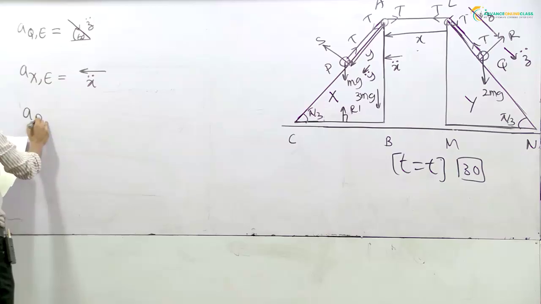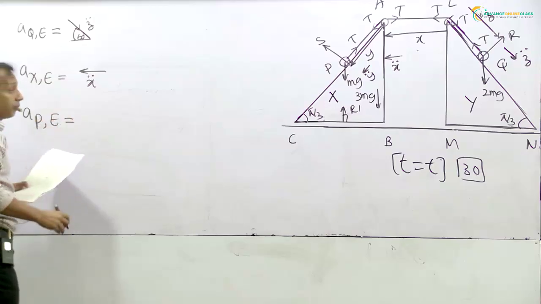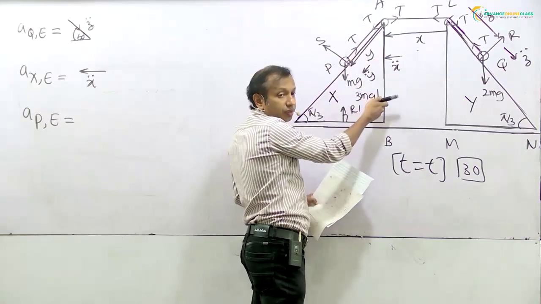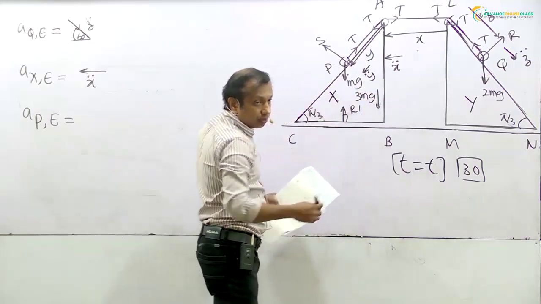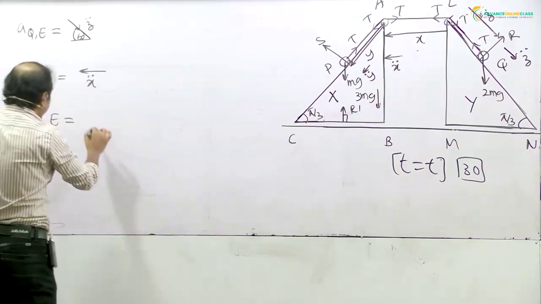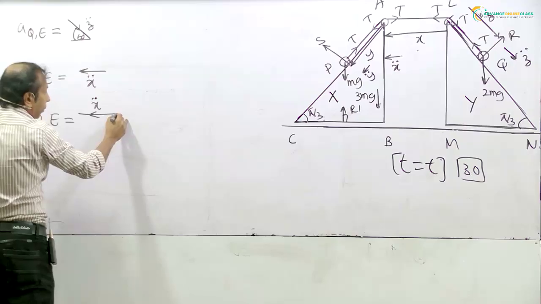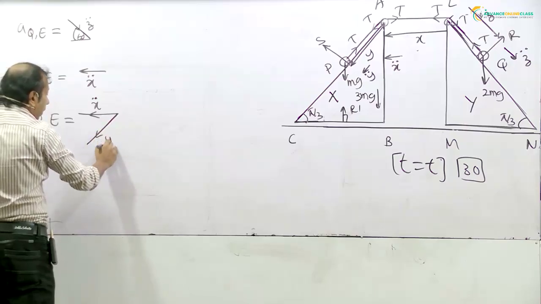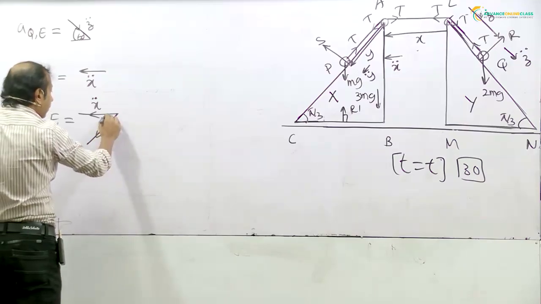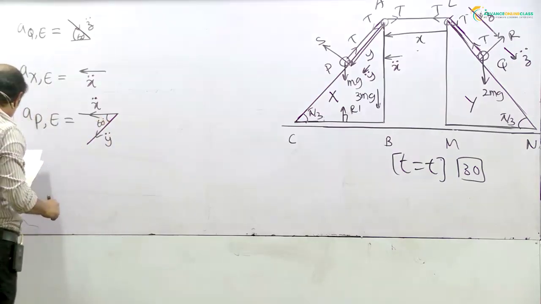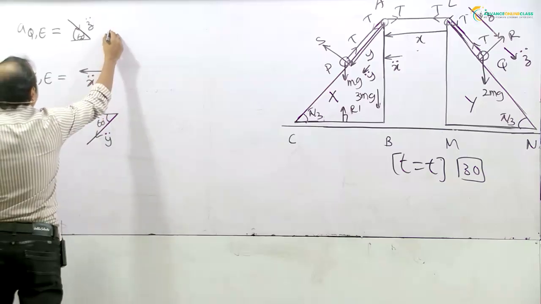Acceleration of p relative to Earth. Tell me. It moves this way y double dot, which moves leftward x double dot. Yes, this way. X double dot. This way y double dot. This is 60. Right. 5 marks for each.